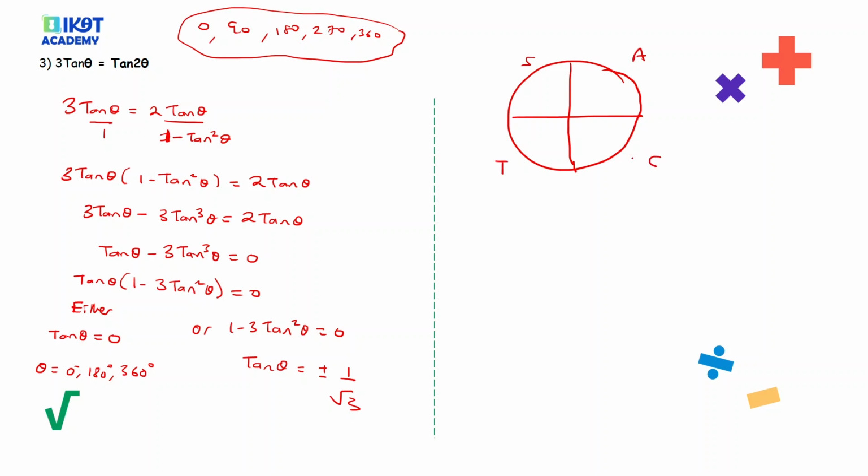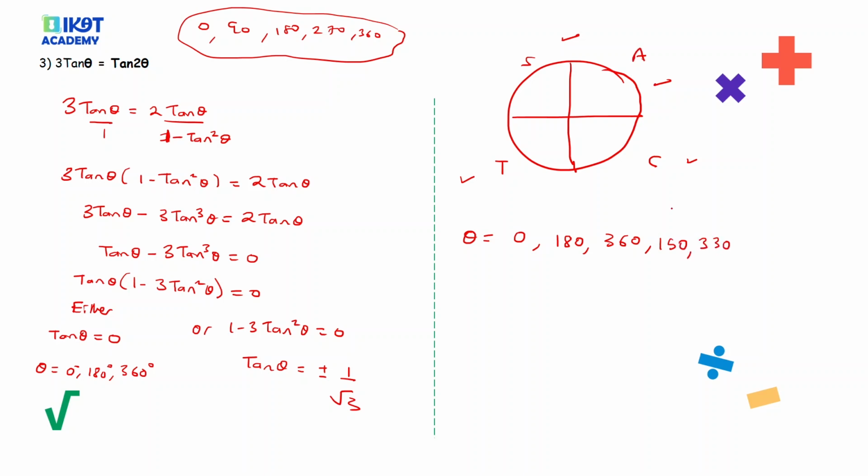For this question, when tan is negative, we shall take this quadrant and this quadrant. When tan is positive, we shall take this quadrant and this quadrant. So we're going to have our answers. So you just confirm theta is 0, 180, 360, 150, 330.